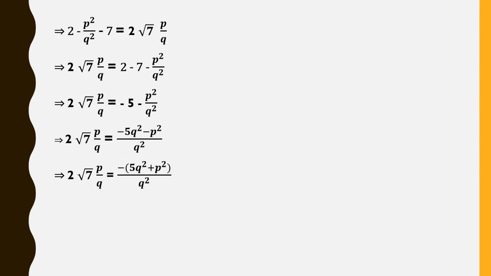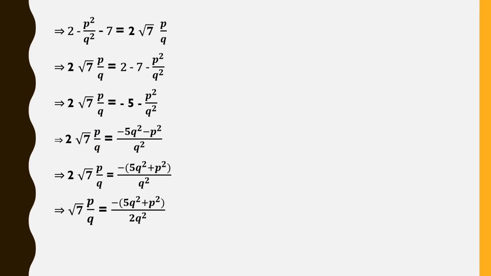Then what about this p by q? P by q is also multiplying, but when a fraction is multiplying and goes to the other side, it becomes reciprocal, meaning it becomes q by p, because it goes as division. When it is divided by a fraction, it will become reciprocal when you take it across. Simple.